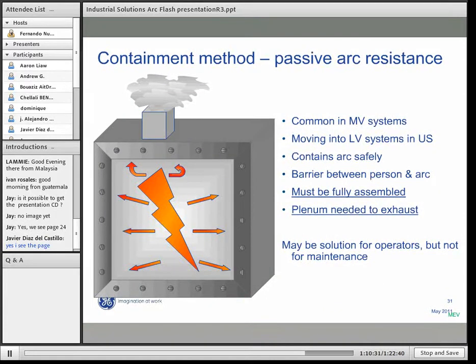And the next page shows arc resistant gear.